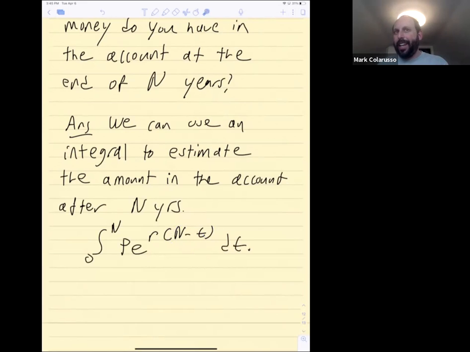You're investing over a period of time, and not all the money is growing over the entire period. If you invest at a time t, it will only grow for n minus t years, and that's what this factor in the exponential is taking into account.